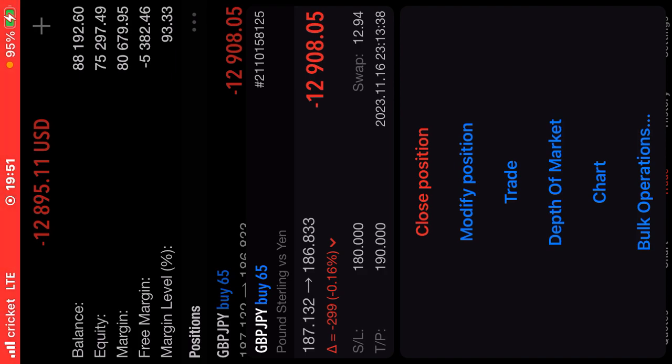Then off to the left it says 190.000, which is the number that was just typed in. And the TP off to the left, that's take profit, which is saying that it'll cash out. Then up above it, it has SL, which is a stop loss.